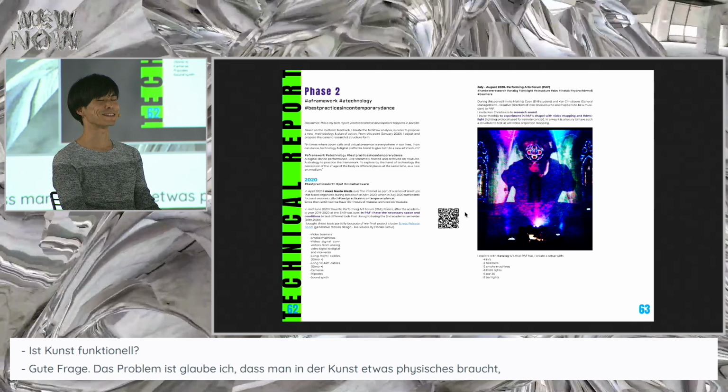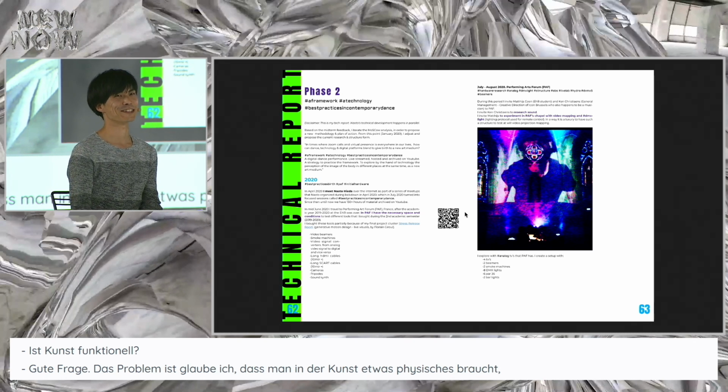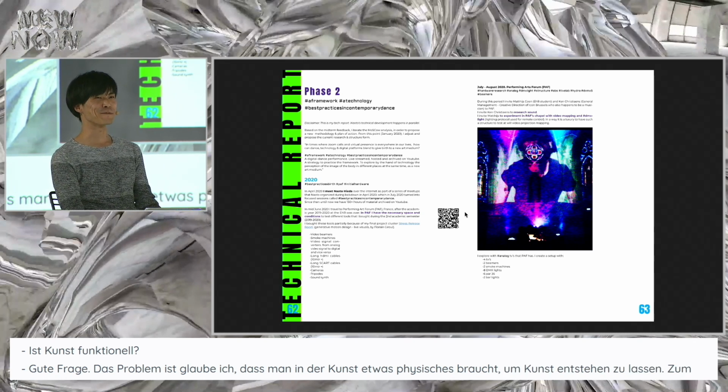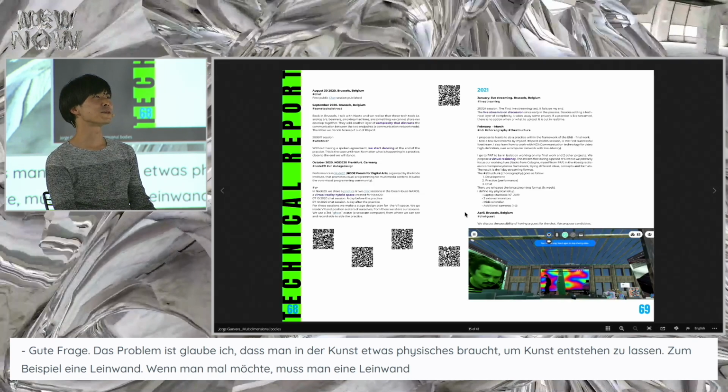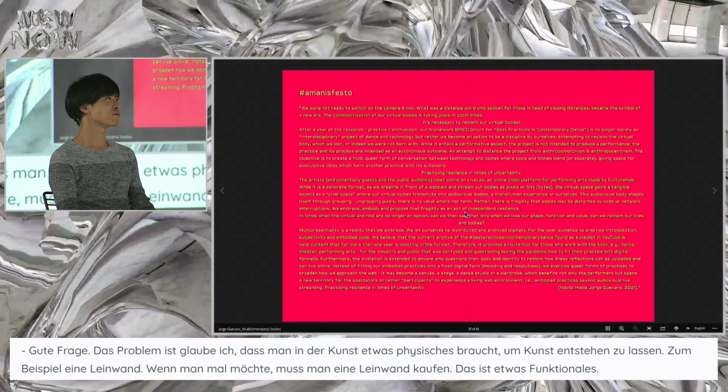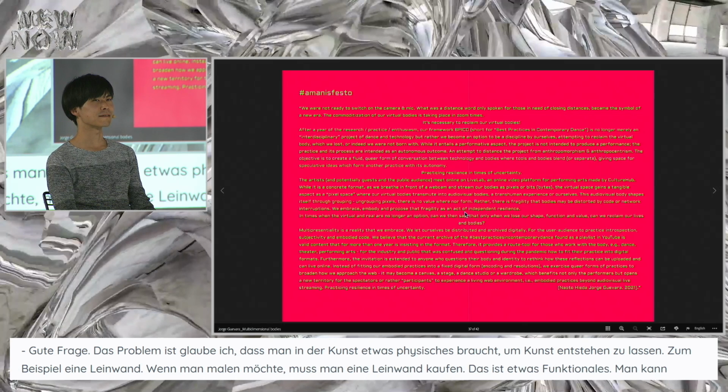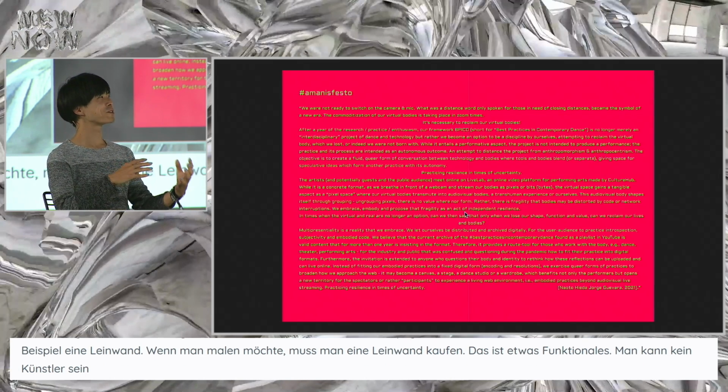Let's say you just paint, but you need to purchase the canvas, and there's probably an art of making canvas, and that's something functional. Probably you can be an artist making strange canvas that is not functional, but there is something functional that supports the art to be tangible.